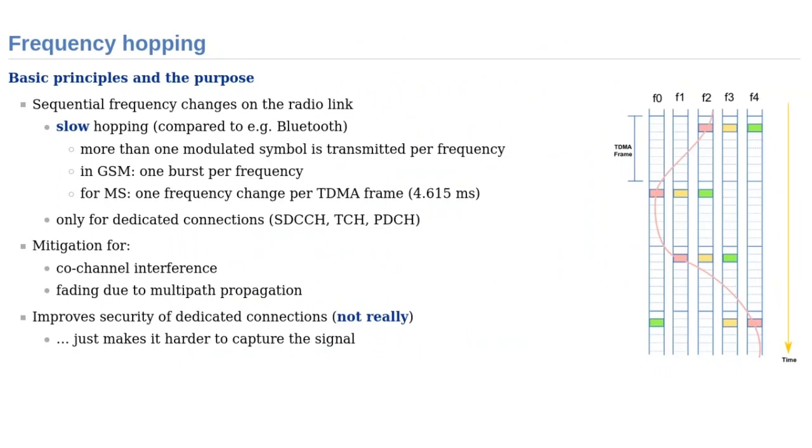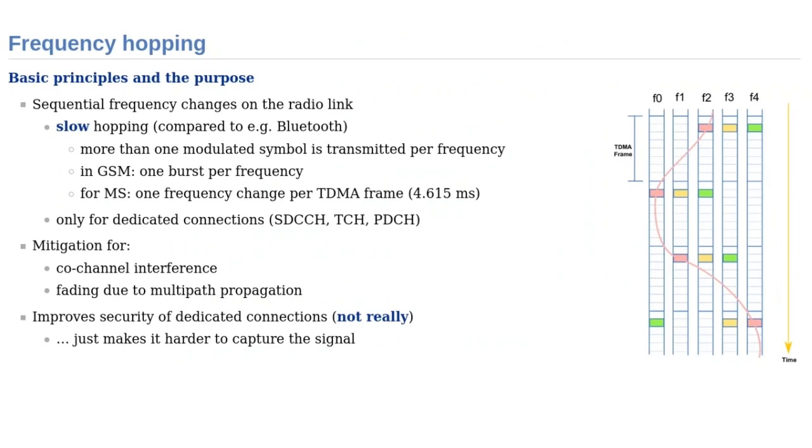Frequency hopping is only possible for dedicated channels. BCCH shall not be hopping. The purpose of frequency hopping is to reduce co-channel interference. You spread your transmission across the spectrum, and even if you have some interference source on some particular frequencies, not all of your information is affected by this source of interference.